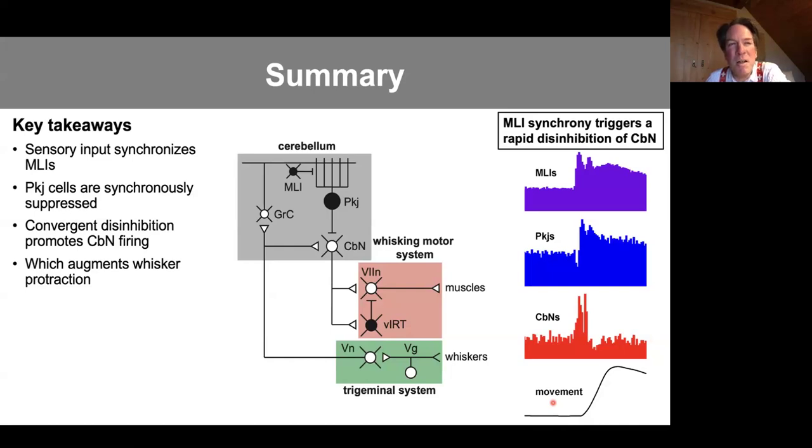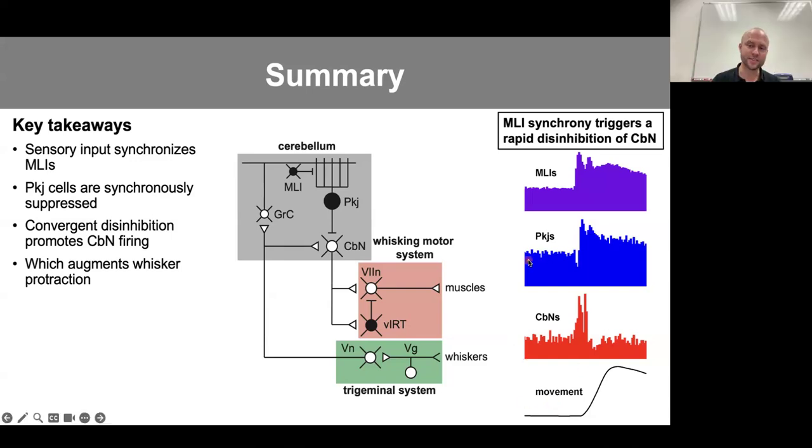Is it because the MLIs are smaller and so fewer parallel fiber inputs suffice to bring them to threshold, and there's a lot of safety margin because many of them are brought to threshold almost instantly with the onset of the stimulus? That's what you show in your beautiful population recordings. And then it's just this mass of MLIs that inhibits the Purkinje cells. And Purkinje cells, of course, being bigger and maybe having a slightly more diverse set of inputs, take a bit longer to reach threshold. What do you think about why this is?